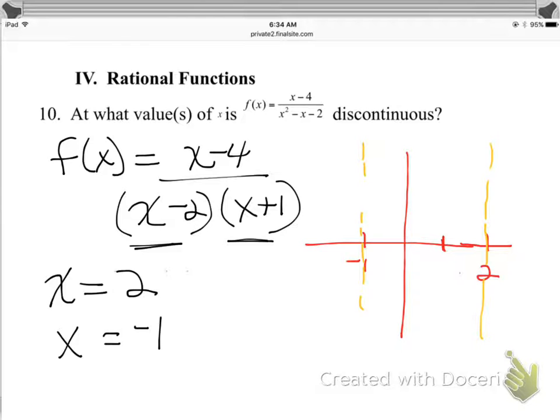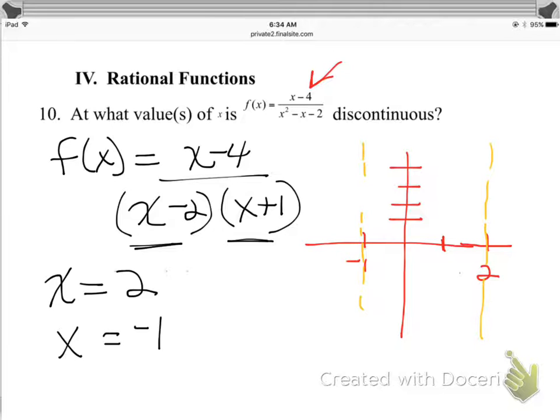When I look at my function, I see a couple of things. First off, I know that it's going to cross my x-axis at 4 over 2, so it's going to cross at 2.